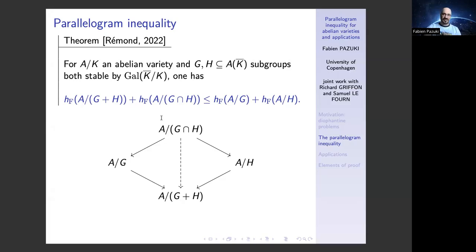So we have these four abelian varieties, and their heights are comparable in this way. It's just an inequality, but it actually plays a key role in the improvement that was given in 2024 by Gaudron-Rémond.